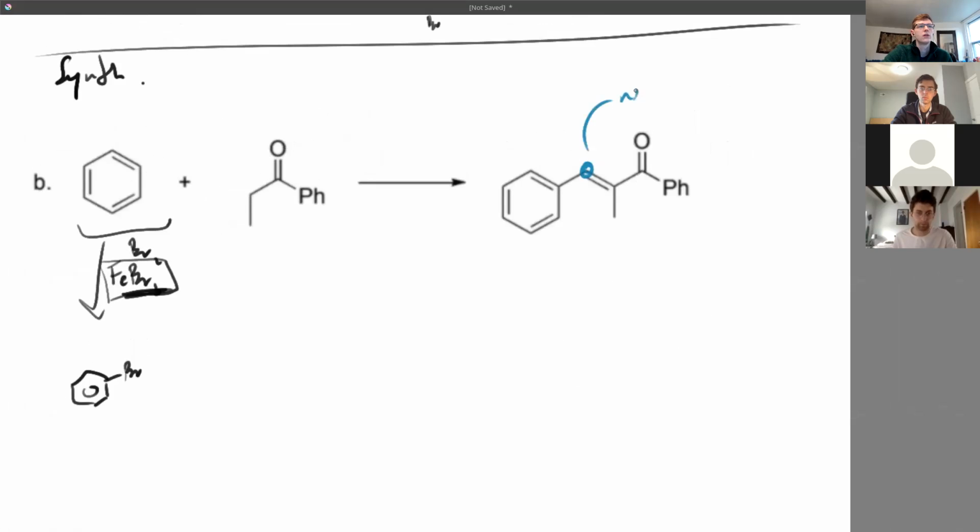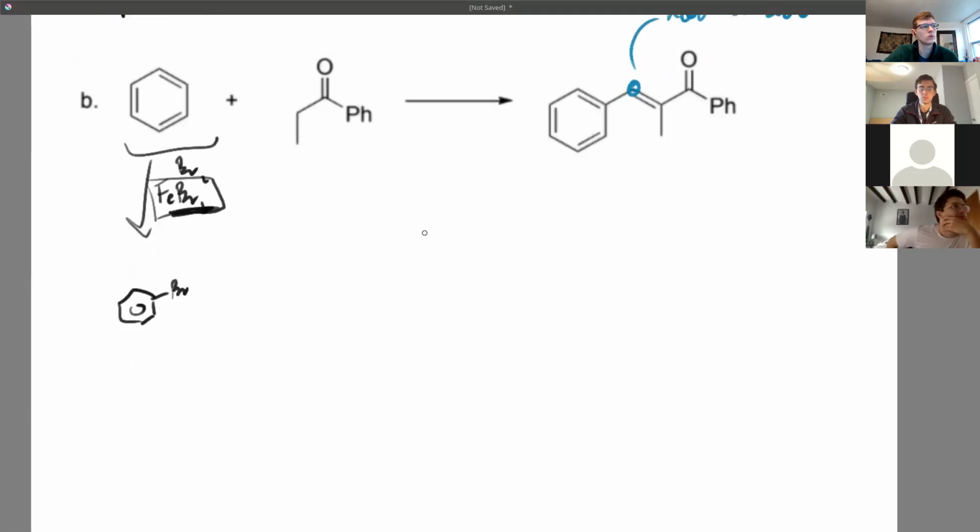And we can do that by making it a Grignard reagent, adding a magnesium. Okay.